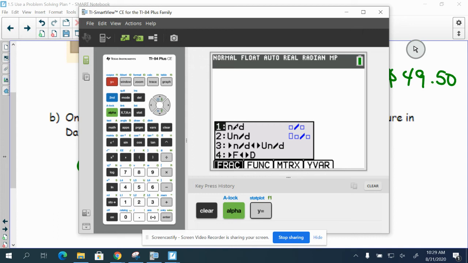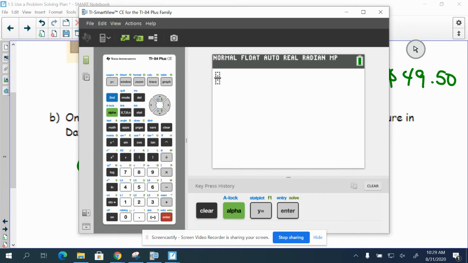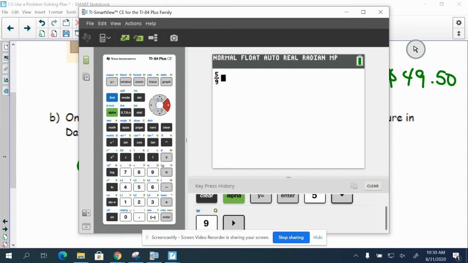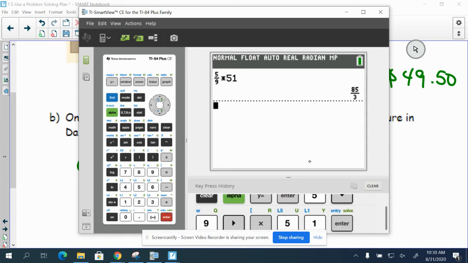It says numerator over denominator, n over d. So press enter, and then we'll type in our fraction, 5/9. And then arrow over to get the cursor out of the denominator. And then you can use parentheses, or you can just say times 51. So that gives you 85/3.